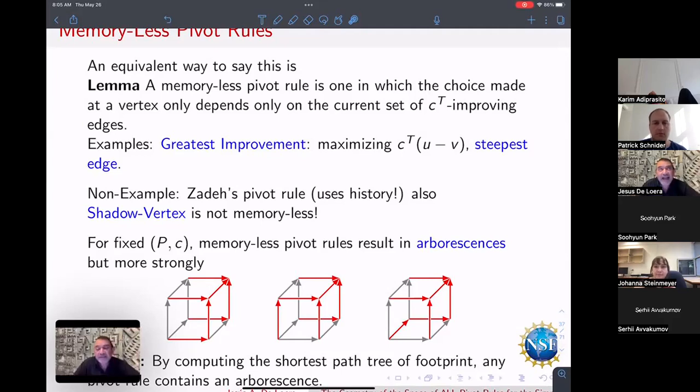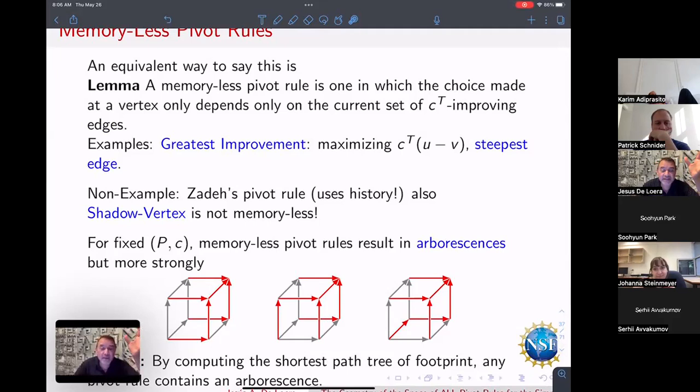But maybe Patrick gives me a pivot rule and it's not memoryless. No worries, because I can take the footprint of Patrick's rule and compute the tree of shortest paths in that footprint.